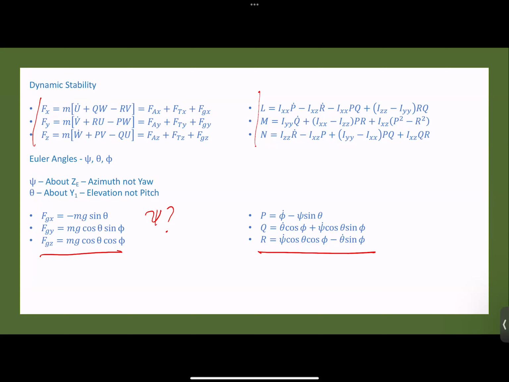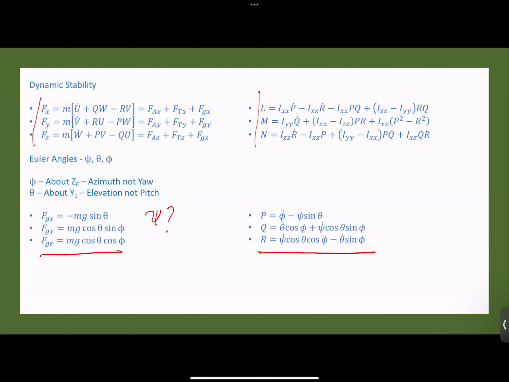It has something to do with the orientation of the weight of the aircraft, the weight vector, the force, right?